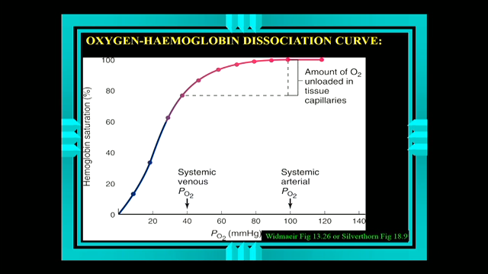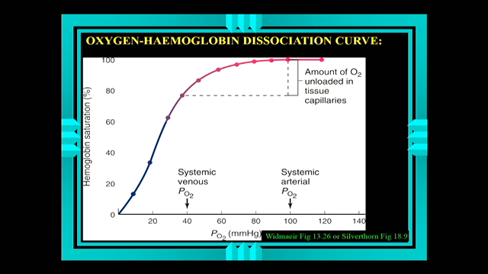The flat part at high PO2s is protective because it means you can drop your PO2 by a fair bit without suffering any reduction in haemoglobin saturation. The flip side in the tissues, a small change in PO2 will lead to a big drop in haemoglobin saturation, which means a lot of that oxygen is then being released and delivered to the working tissues, which is exactly what you want.